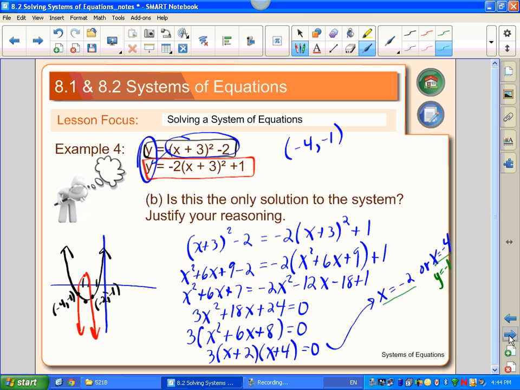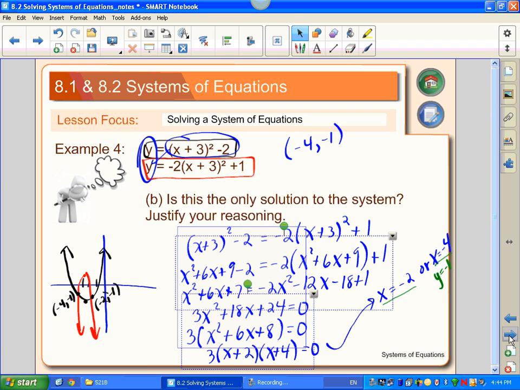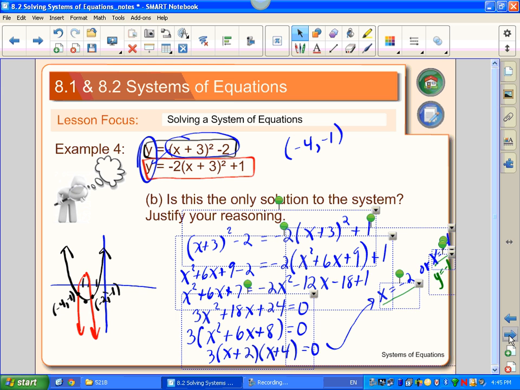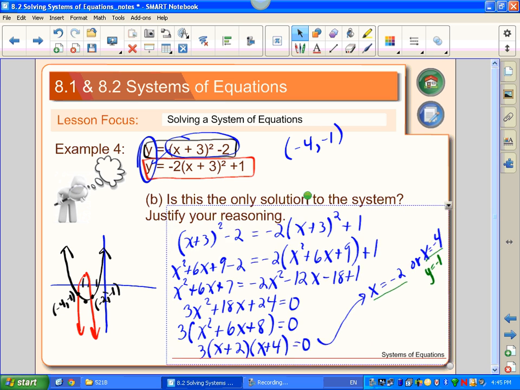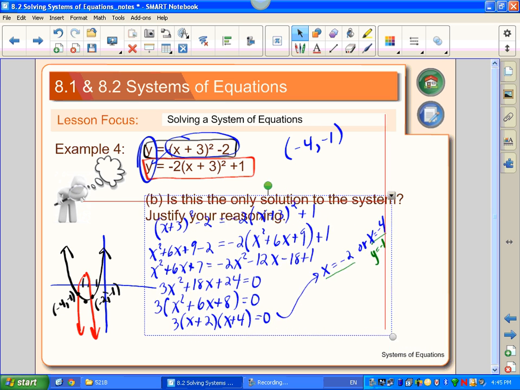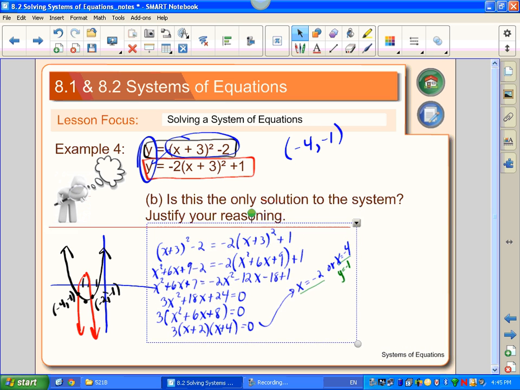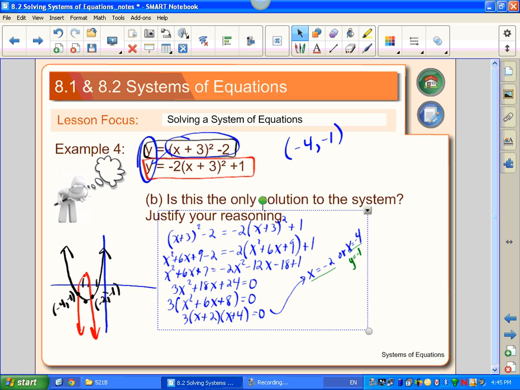I need a new page, so let me do that. I'm going to capture this and make it smaller, just to give us some room so it's still there. Okay, so we're looking at this particular one right here.